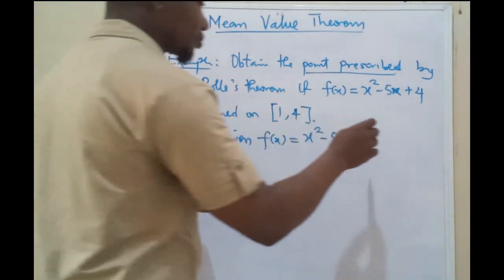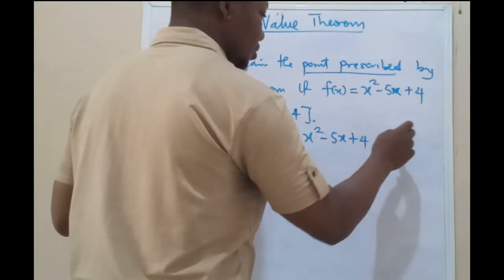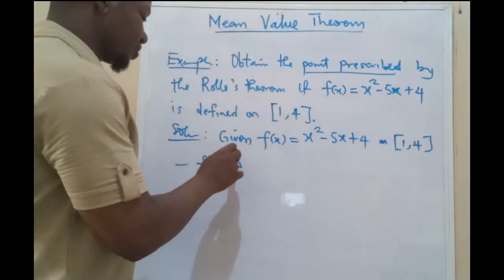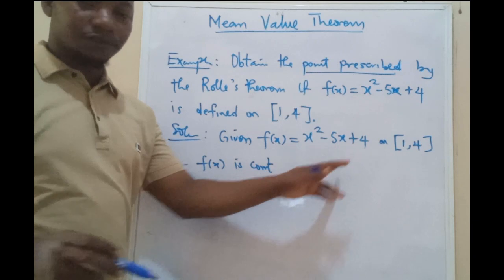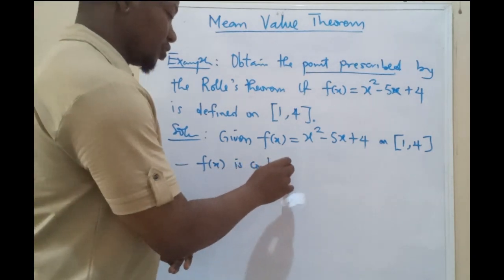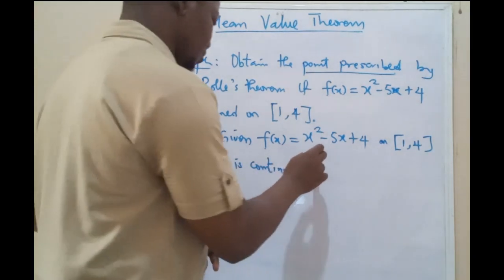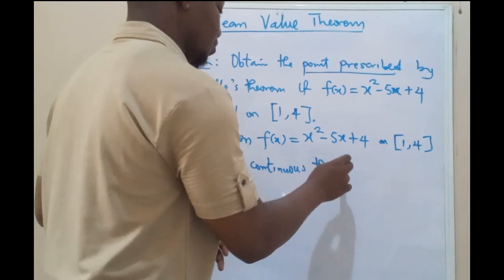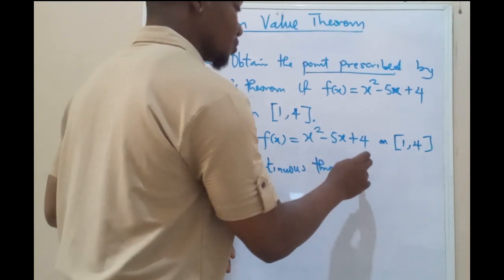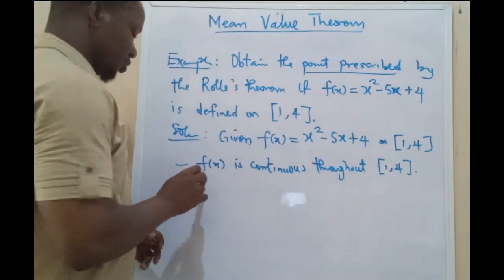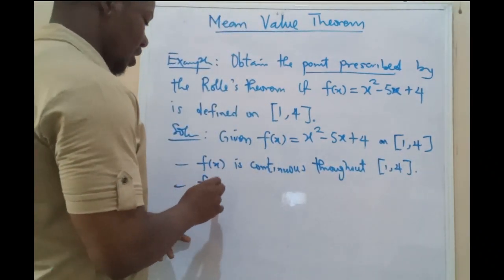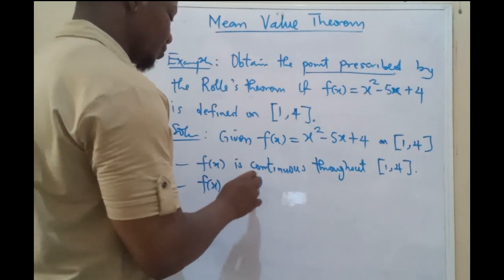First, f of x is continuous. When I say f of x, I'm referring to this function. It's continuous throughout the interval 1 to 4. Secondly, f of x is differentiable.